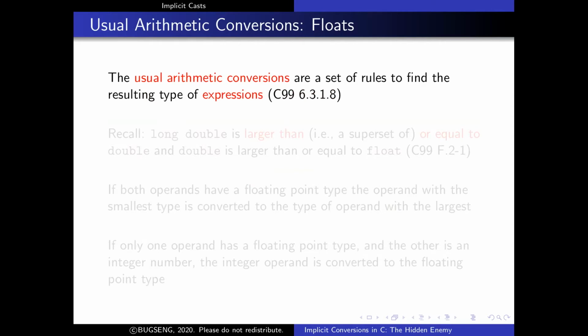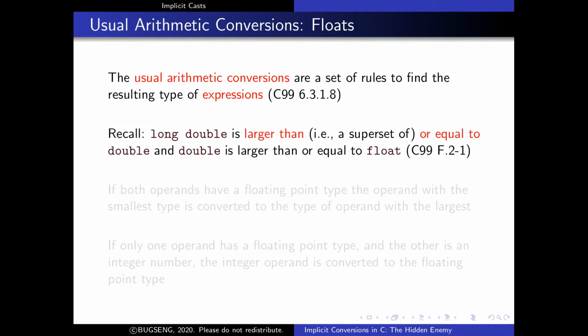So let's start with the floating point types, which are easier than integer. The usual arithmetic conversions are a set of rules that are used together with integer promotion to find the resulting type of an expression. For floats, it's easy. Recall that long double is larger than or equal to double, meaning that long double is a superset of double.